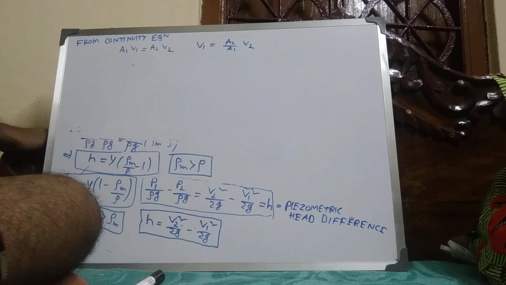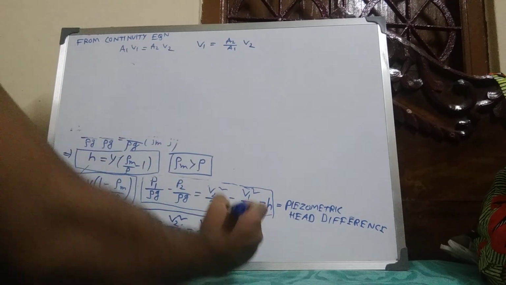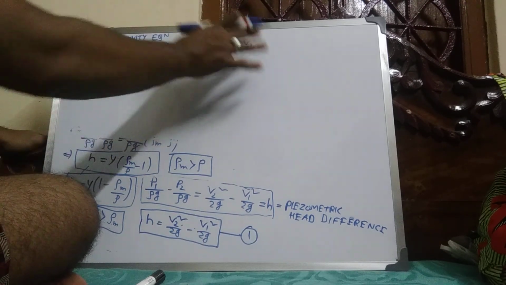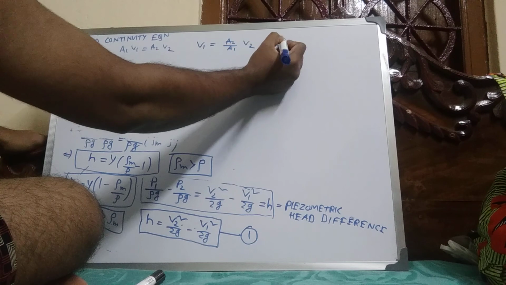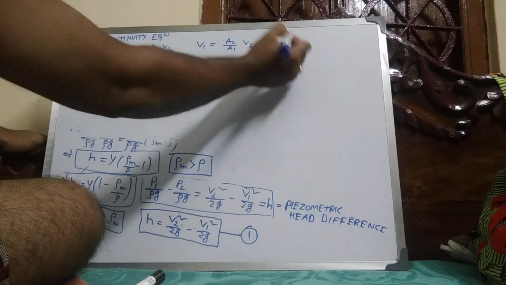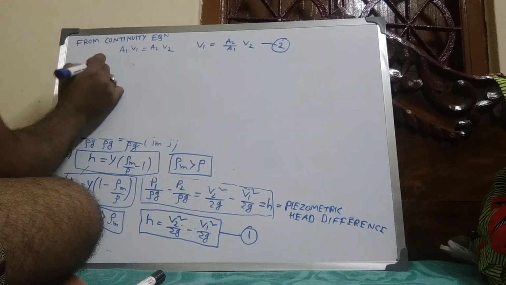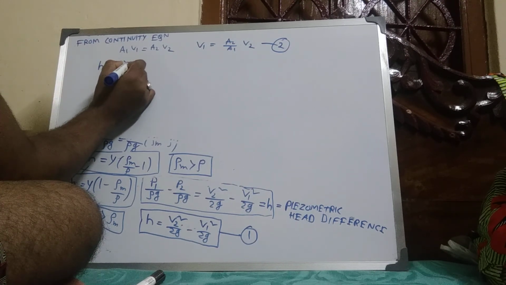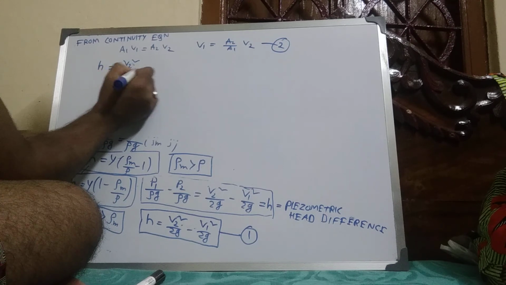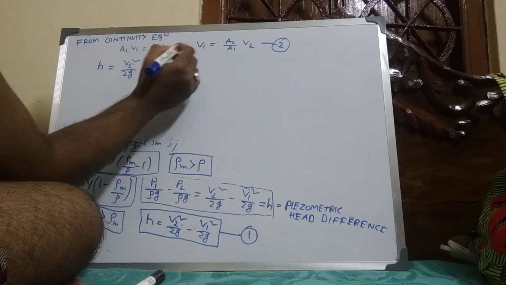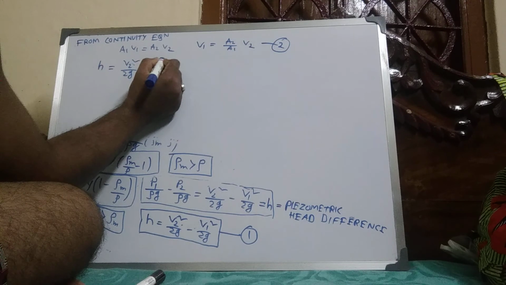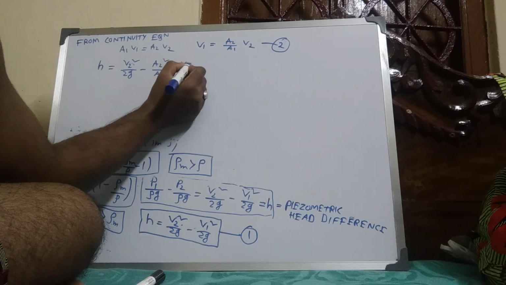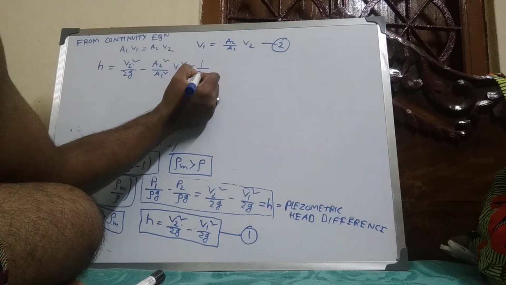Okay, now h, this is equation 1, and this value is equation 2. This value put in equation 1, h equal to v2 square by 2g minus v1 value, a2 square by a1 square into v2 square by 2g.